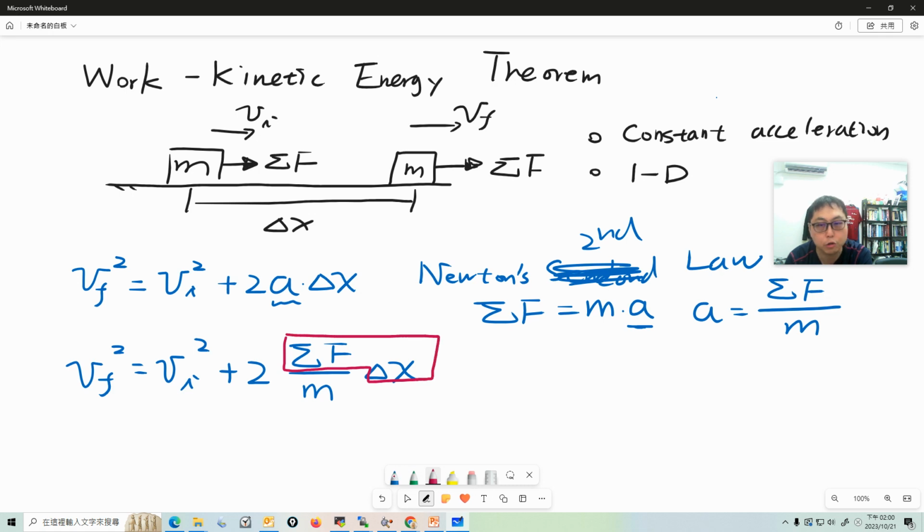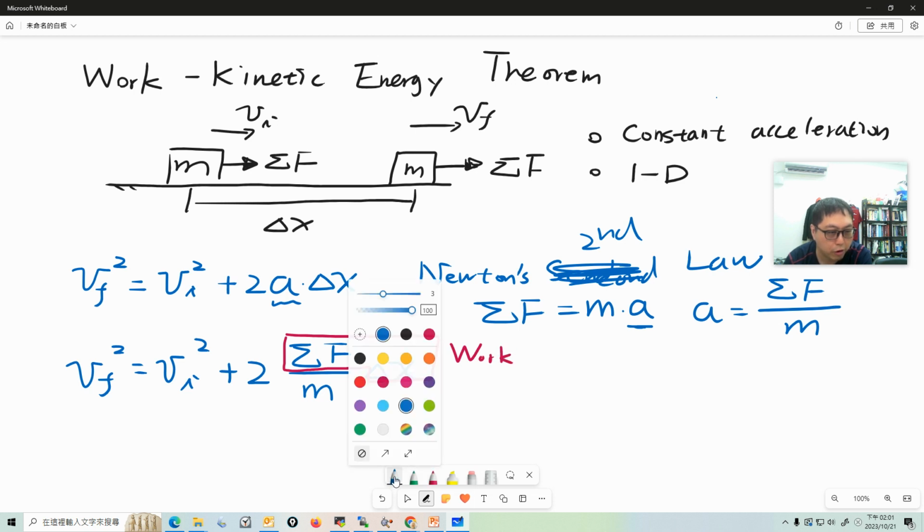Because we assume 1D motion, the direction of the net force is parallel to the direction of the displacement vector. So this is W, work.